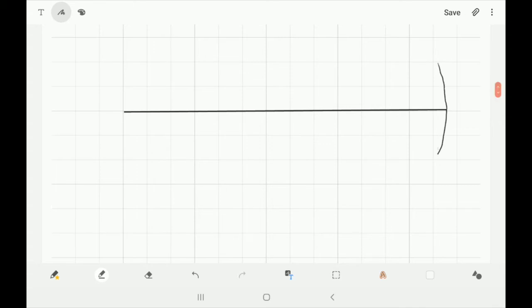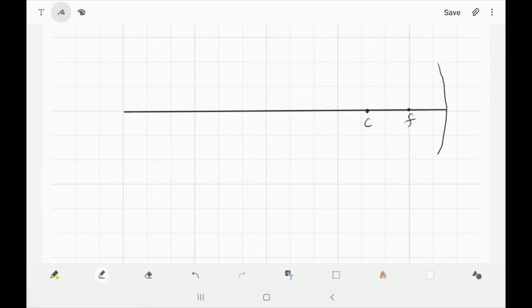I want to draw it thin because that makes the geometry work out nicely. So this mirror has a radius of curvature, and the center of that circle, I'm going to have to estimate. It could be something like this, C, and then that would mean that the focus is halfway from that point to the mirror. Okay, good. So we've got that.